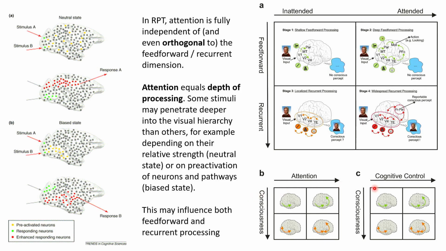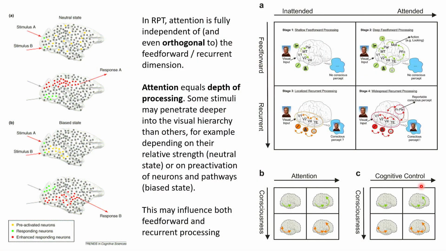By the way, the same holds for things like cognitive control. Of course, that's a very widespread phenomenon, meaning lots of different things, but cognitive control is about being able to do something with the visual information that you get. This again depends on activation of more frontal regions, motor regions, premotor regions, which is also more a matter of whether something reaches frontal regions than of whether something is feed-forward or recurrent.